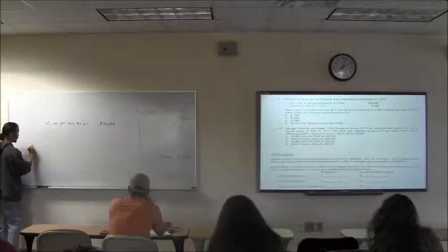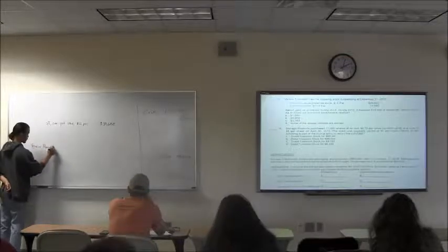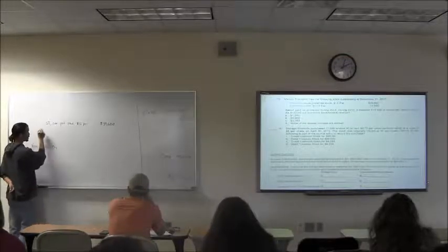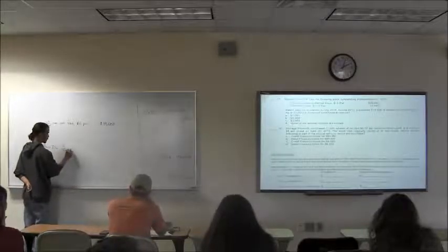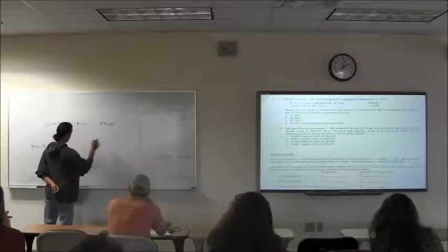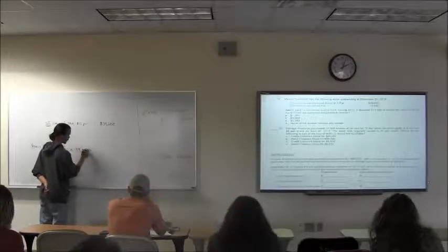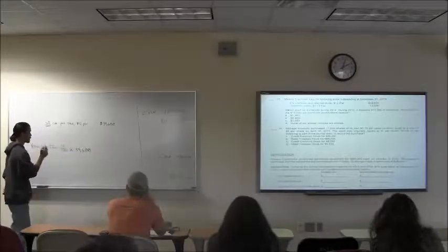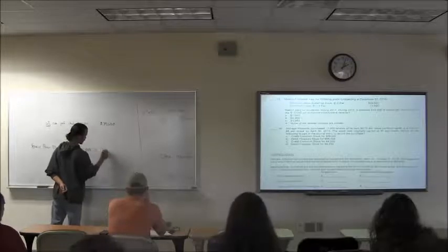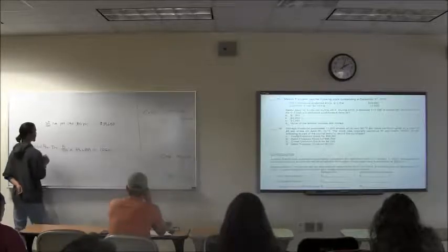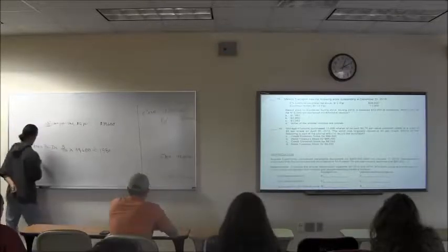Okay, so yearly dividends is the 5% times, you just use 39,600. Okay? And then you multiply that answer by 2. And then that is right. So that's 1980, right? It's 1980, correct?